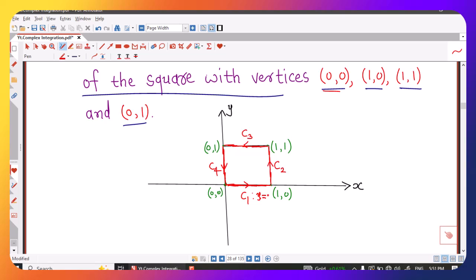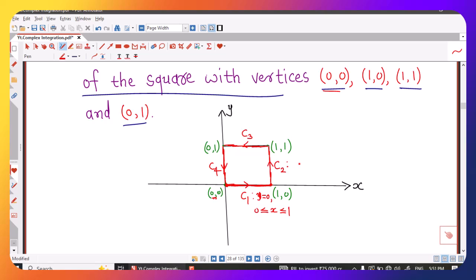So we will have the representation of C1 as y equal to 0, and we are going in this direction. So here y becomes constant, it is 0, and x is changing. At this point x is 0, and we are going in the increasing direction of x up to 1. So x lies between 0 and 1. So this is the representation for C1.